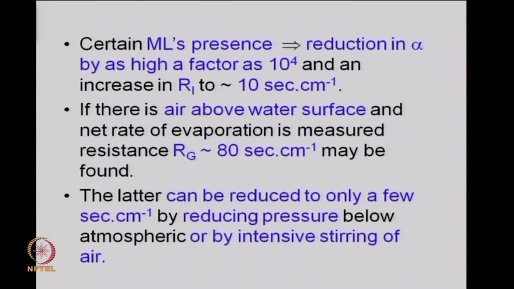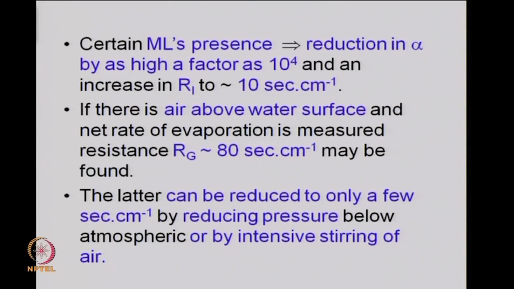What happens if we have contamination? Interface is not clean. Maybe let us say we have a monolayer covered surface of liquid. There can be a dramatic effect on the magnitude of alpha. Alpha, which is telling you how much of the arriving percentage of molecules is actually becoming part of the liquid surface, that factor could reduce by a factor of 10,000.